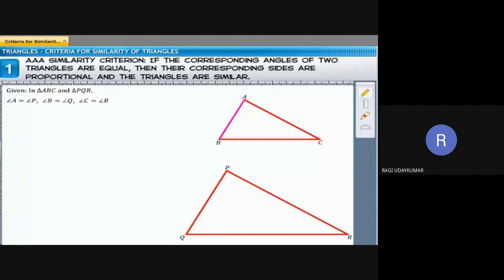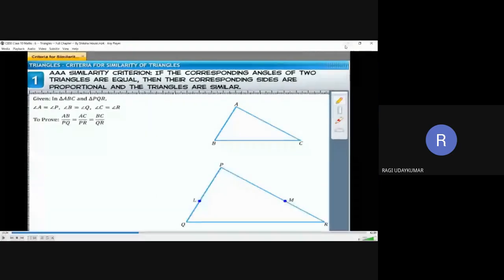It is not necessary to give more. When the angles are equal, the sides will be proportional, so AB by PQ, AC by PR and BC by QR will be equal. You can prove it; it is an easy task. Did you get my point here?